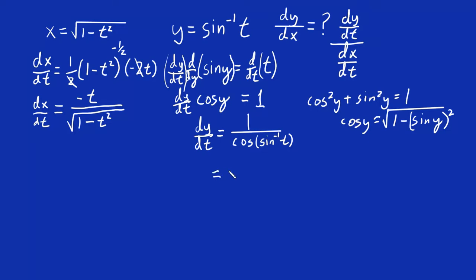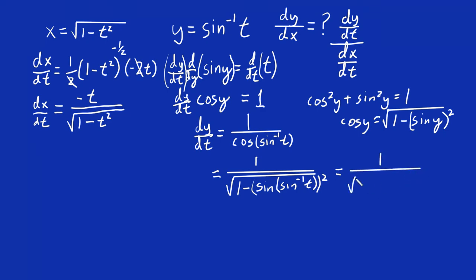So this will be equal to 1 over the square root of 1 minus the sine of y, and again, y is just inverse sine of t, and then this whole thing is quantity squared. So over here, because I'm running out of real estate, we have 1 over the square root of 1 minus t squared. So this is dy/dt.